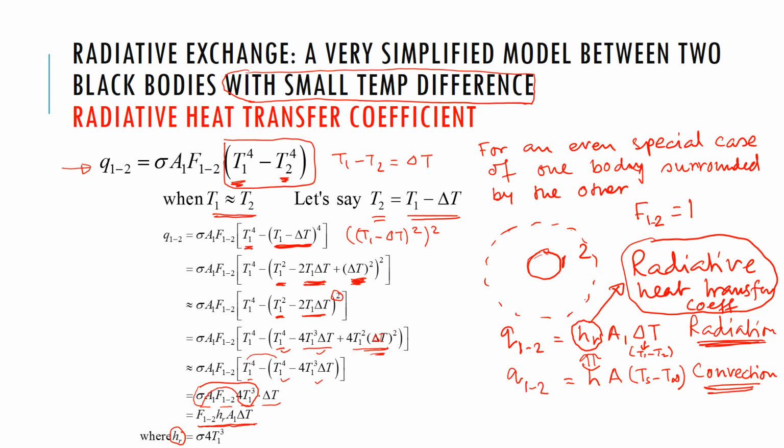We're going to do that next, but I remind you that this formula for radiation has many restrictions. So in general, it is not used very widely because it's way too simplified.